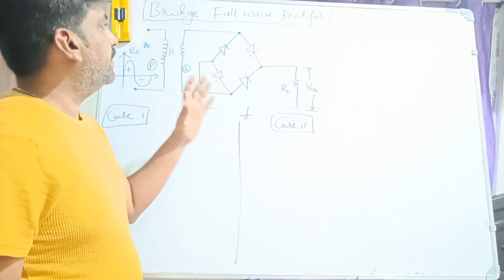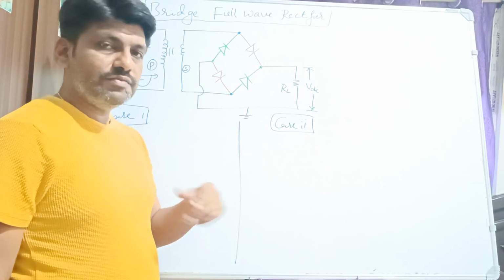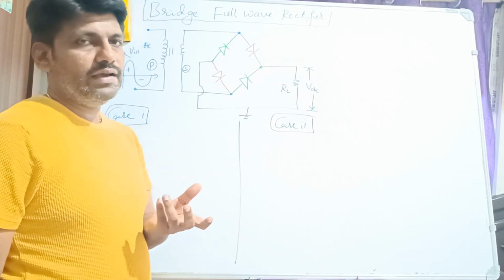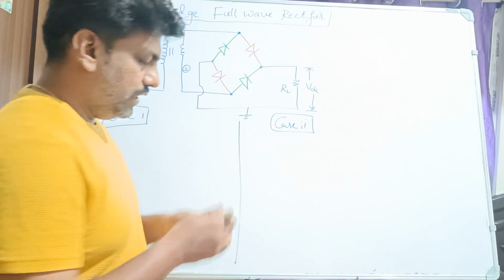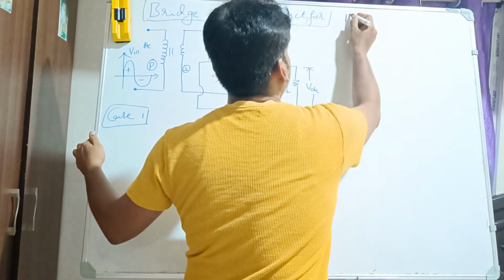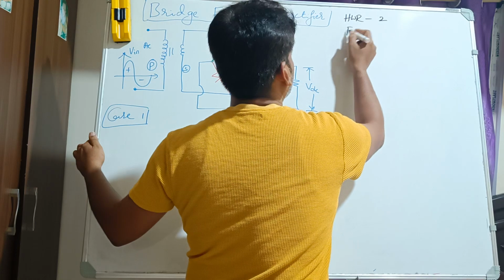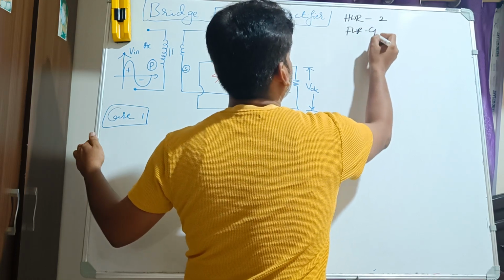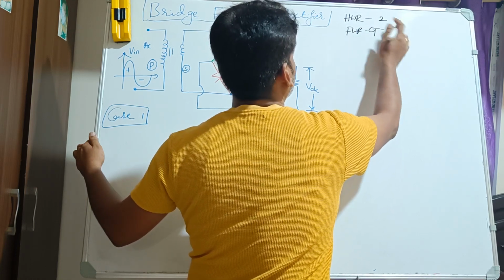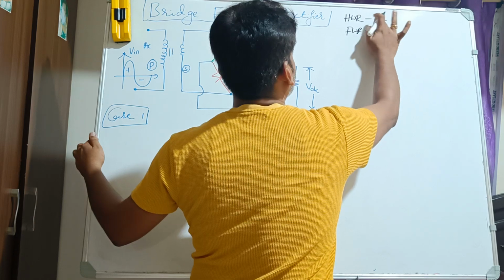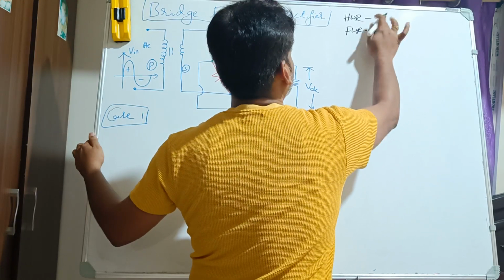So the full wave bridge rectifier is nothing but a full wave rectifier, but with a difference in the number of diodes. The half wave rectifier consists of one diode.